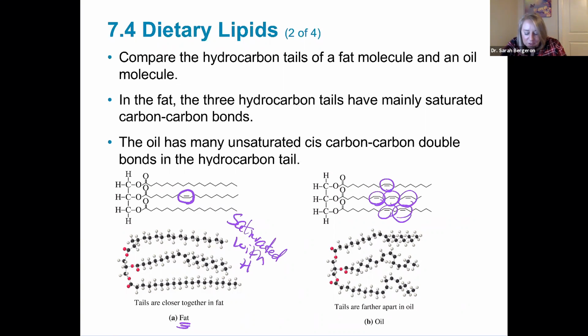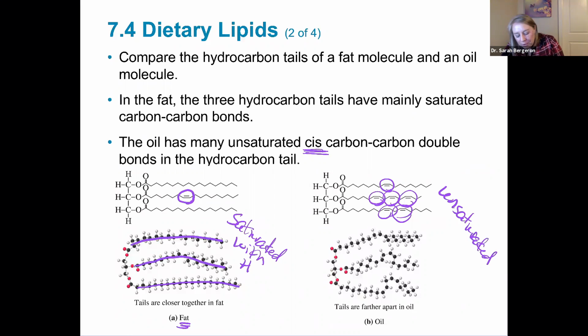Because of all the extra carbon-carbon double bonds, this is an unsaturated fat, right? And all of those carbon-carbon double bonds are cis, right? They're all going in the same direction. And they're going to make basically kinks inside of the hydrocarbon tail. So if you compare the two, right? Here, this is our main carbon backbone. What you'll see is they line up pretty well together.